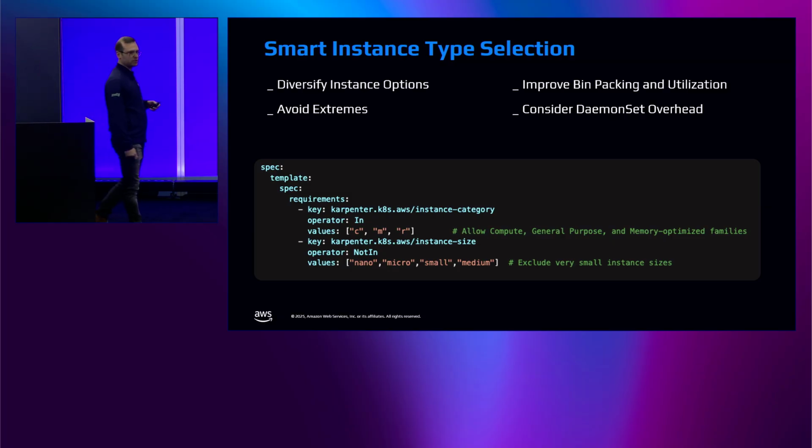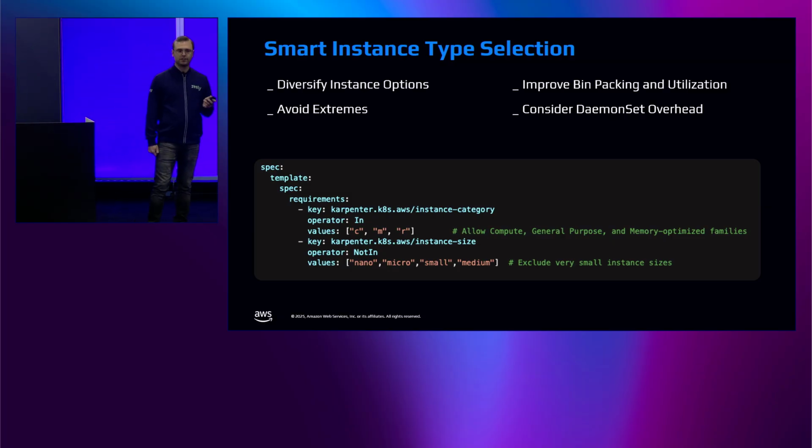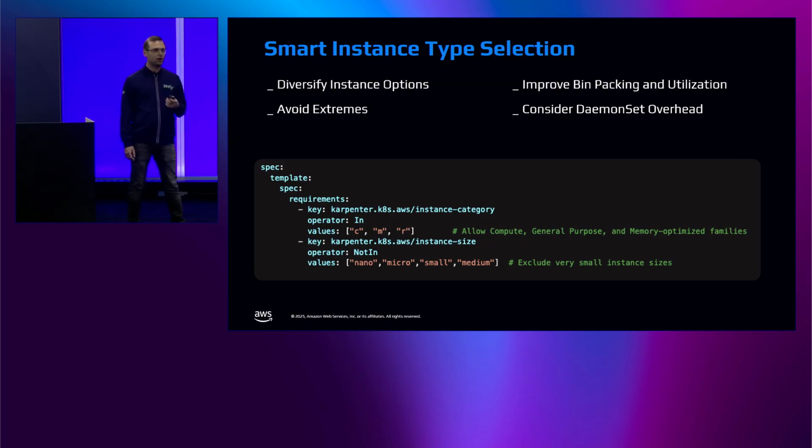Okay, another important strategy is to choose the right instances for your pool. So it's not just about what's available. It's about giving Karpenter the right amount of flexibility and a broader set of choices.